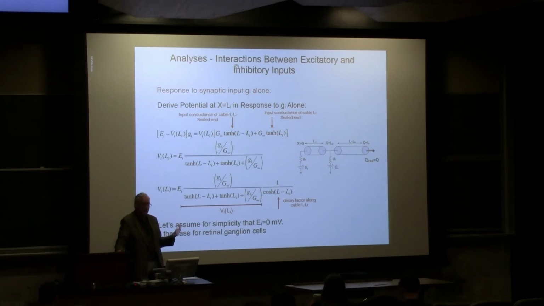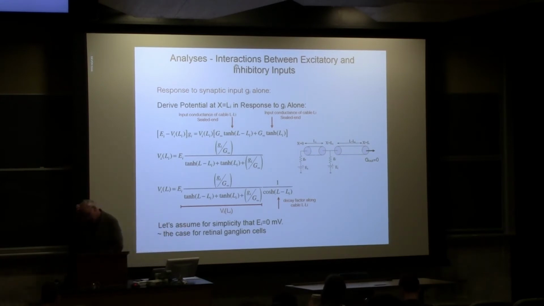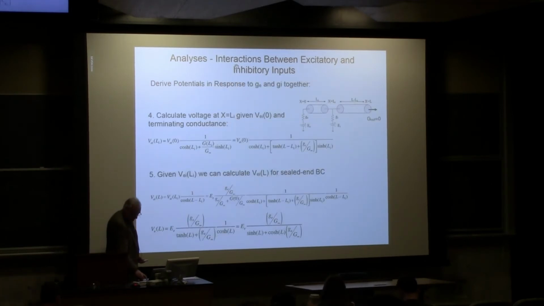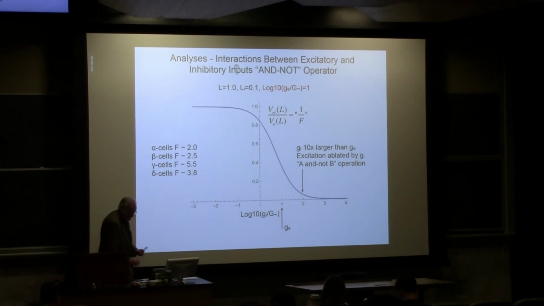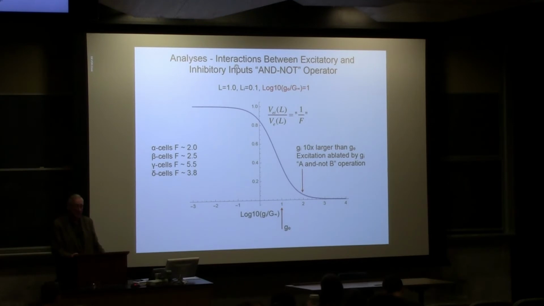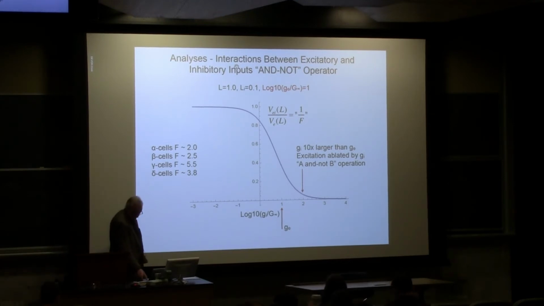The inhibitory input must be on the path that charge from the excitatory input takes as it's propagating towards the site of neuronal excitation. But if those conditions are met, then we see from that curve that I showed you that inhibitory input can very effectively veto excitatory input, and that's how the AND-NOT operator arises.